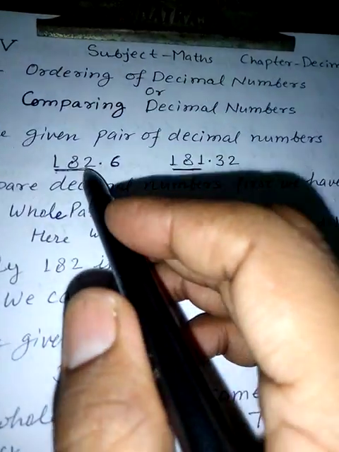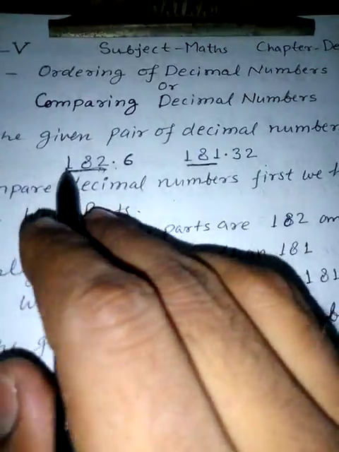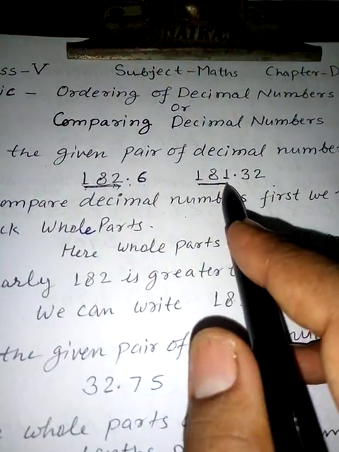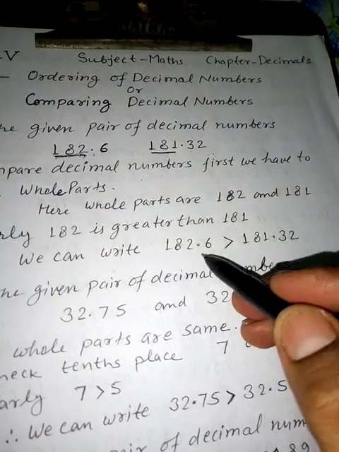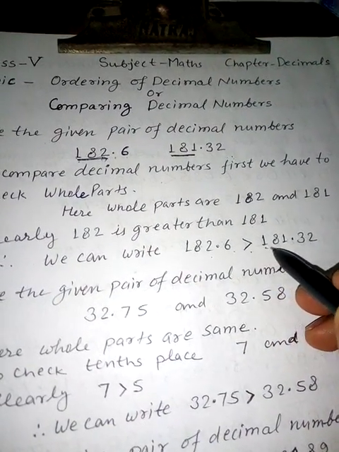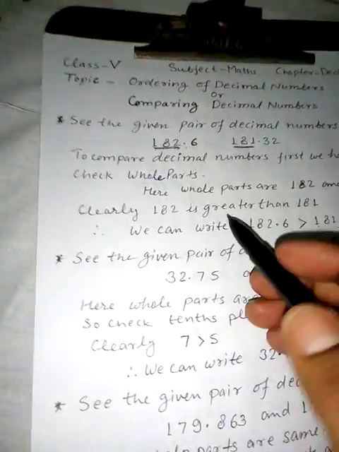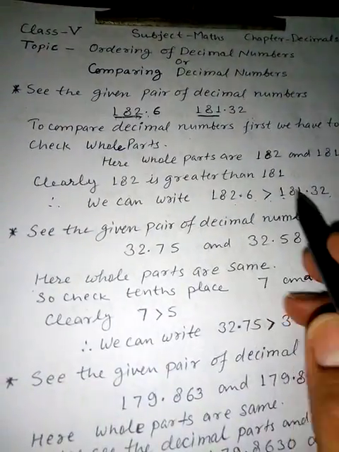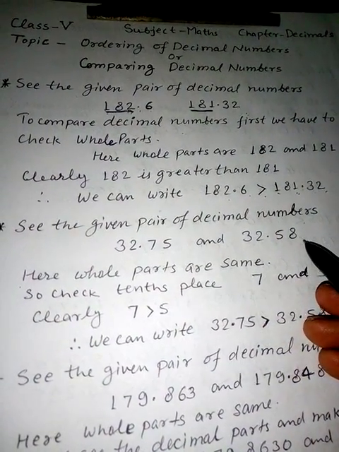So this is the greater number. So we can write 182.6 is greater than 181.32.